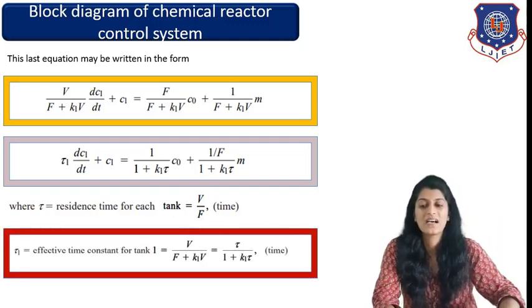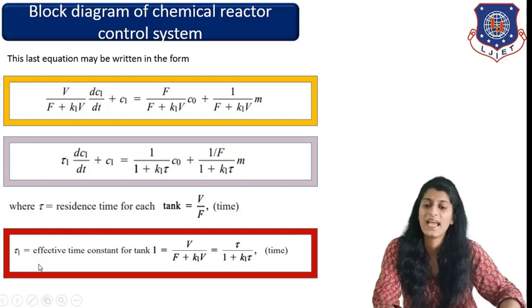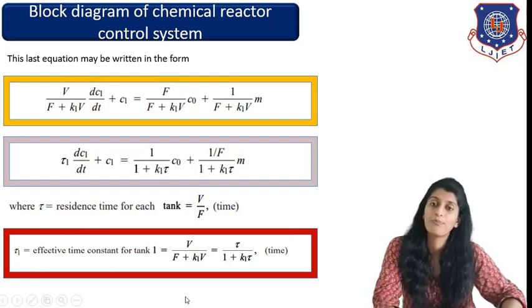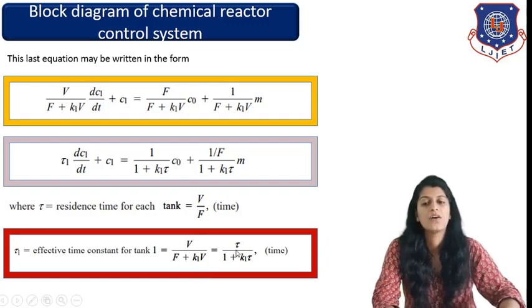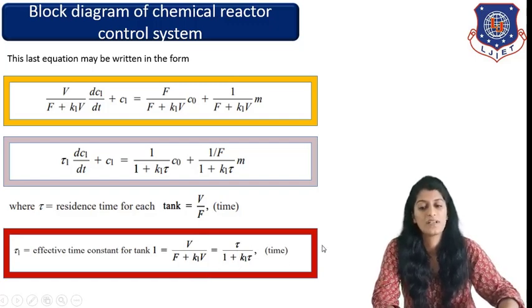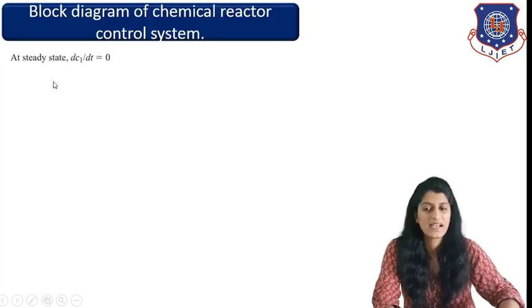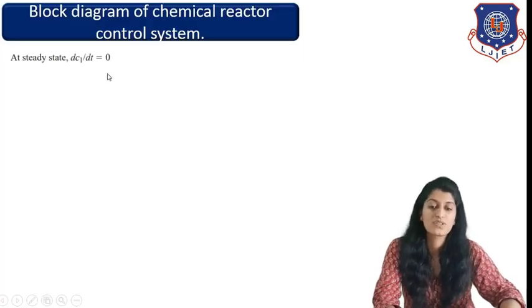Tau 1 is basically the effective time constant for tank number 1, that's why suffix 1 has been written there, which is again equal to V upon F plus K1V, which is equivalent to tau upon 1 plus K1 tau. Now, at steady state dC1 by dt equals 0.